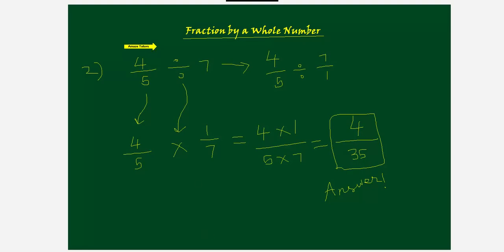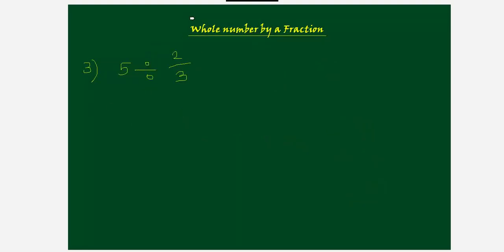Now I'll explain how to divide a whole number by a fraction. So this time the whole number is the first number, the divisor is the fraction. Now no need to do anything with the first number, keep the same. No need to even change it to a fraction, no need to write it as 5 over 1.